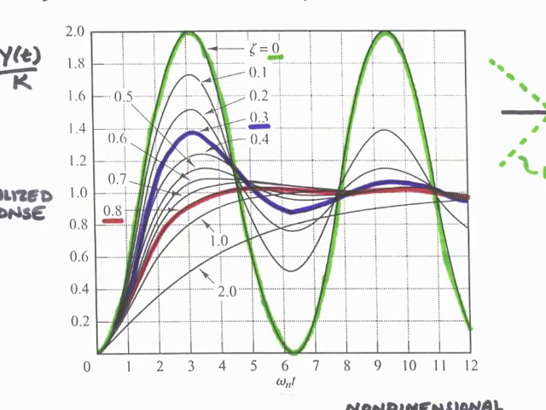And now we're looking at the plots as a function of zeta. We have a curve for zeta equals 0 in green, for zeta equals 0.3 in blue, and for zeta equals 0.8 in red. And what you'll note is the overshoot, if there exists any, is very dependent upon the value of zeta.